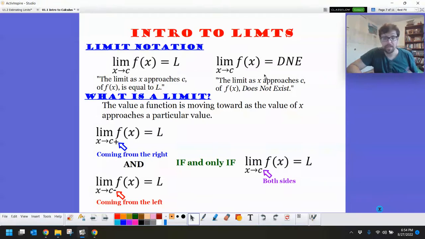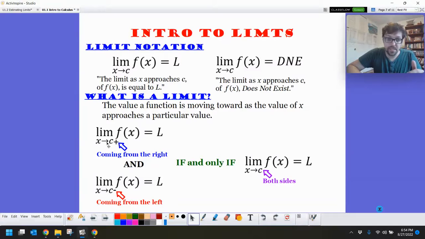That's our limit. Now, not all functions have limits everywhere, so a function's limit could not exist. We would just write DNE. In order for a limit to exist, we make two little mini limits. We put a little plus and a little minus, kind of like exponents.